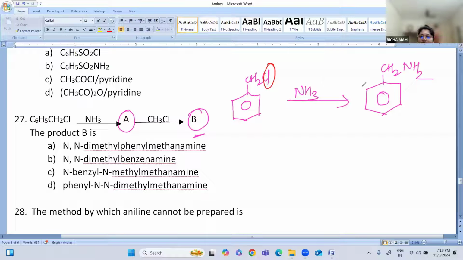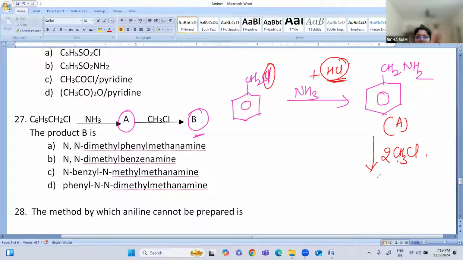So here you are going to get the NH2 compound, and HCl will be the byproduct. The Cl and one H will form HCl. So this is A. This is further reacted with methyl chloride. When you react it with methyl chloride, both the hydrogens will be replaced by methyl groups.